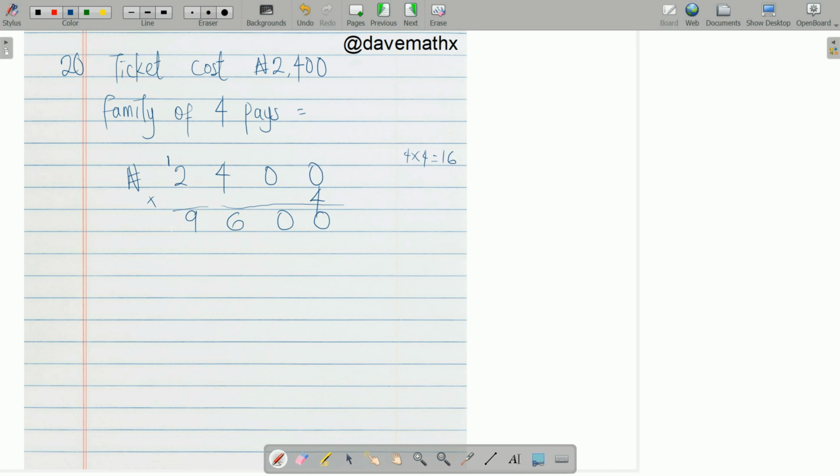Then we can add our remaining 1 to it. Then we have 9. The family of 4 pays 9,600 naira.